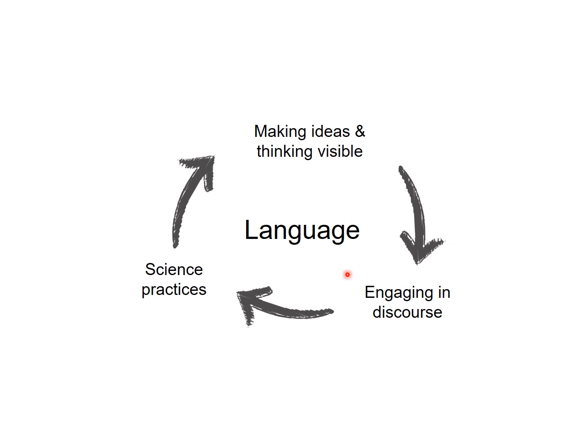Once again, this is a way of making students' thinking visible. This engaging in discourse is part of core practices 2, 3, and 4. And part of practice 3 is around science practices. In order to understand if the science practices are working towards getting student understanding, we have to have them make their ideas and thinking visible.